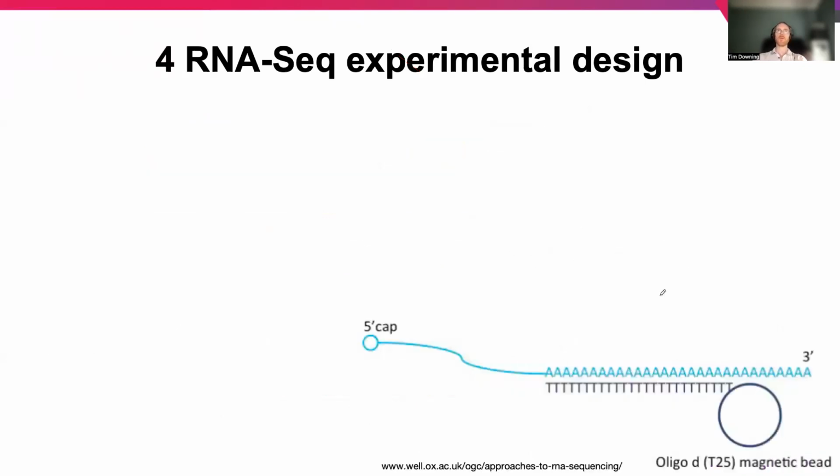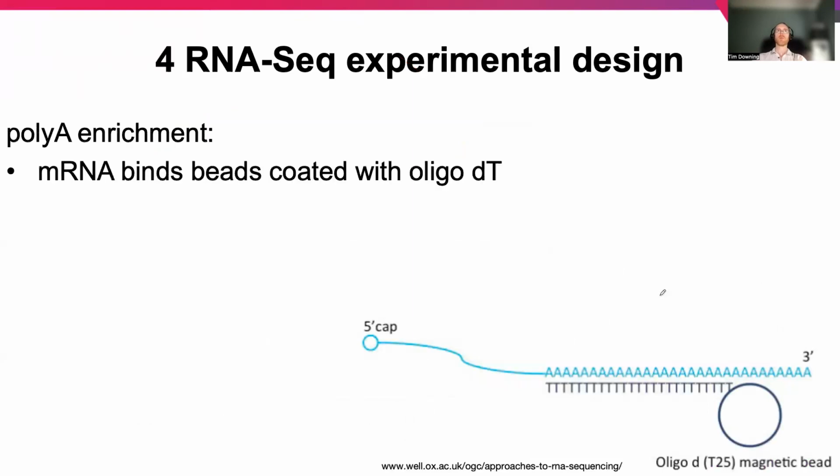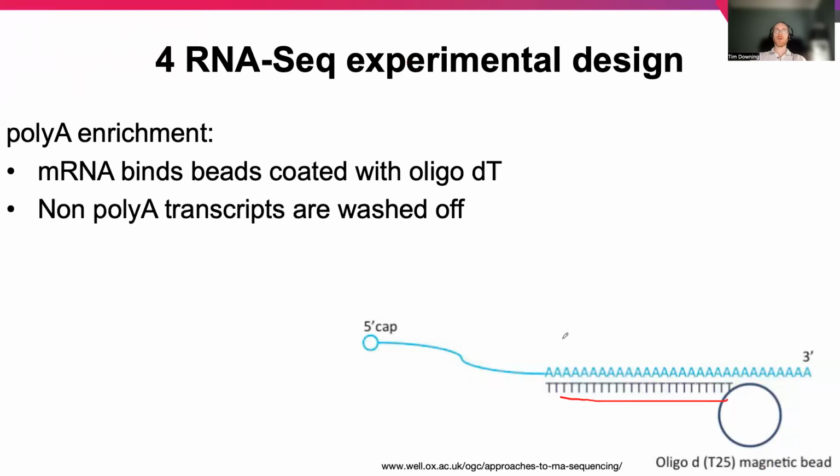For poly-A enrichment, remember that we're dealing with mRNA binding to beads containing oligo-T, which is shown down here. This is our oligo bead with the T's, and then the A's attached onto it. The transcripts without a poly-A tail, such as ribosomal RNA, are washed off.